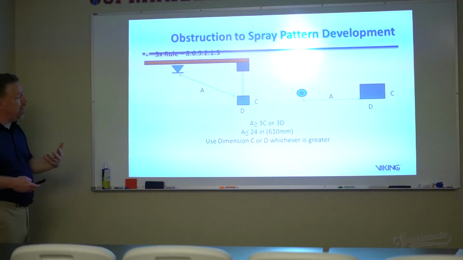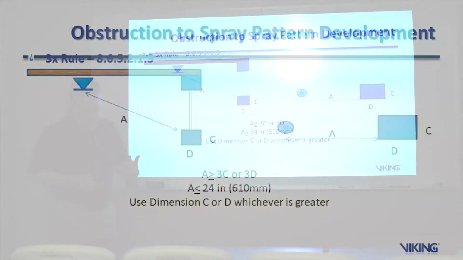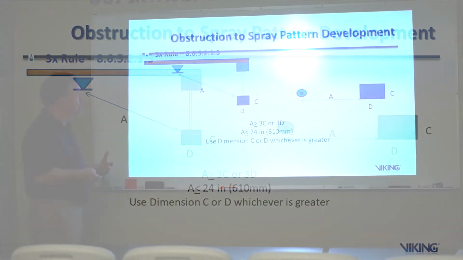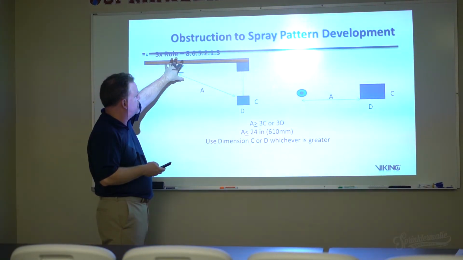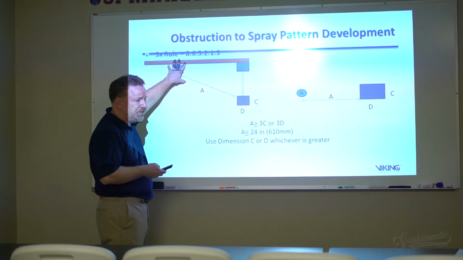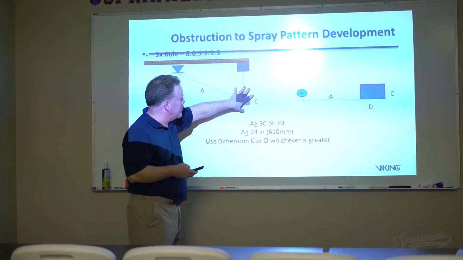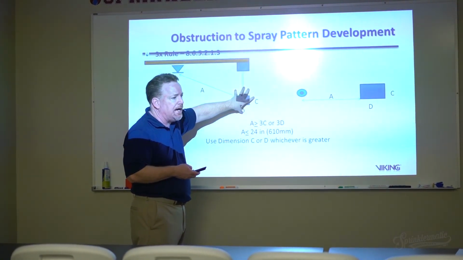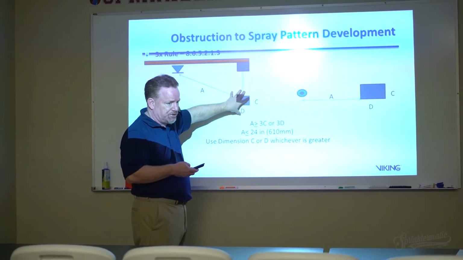The next item that we talk about as far as obstructions are concerned, when it comes to standard spray pendant and upright sprinklers, is what we call the 3 times rule. The 3 times rule basically says that for sprinkler distance to be considered not an obstruction to the spray pattern, we take a look at this particular component, maybe a steel I-beam, or not a steel I-beam but a bar joist construction or something along those lines.